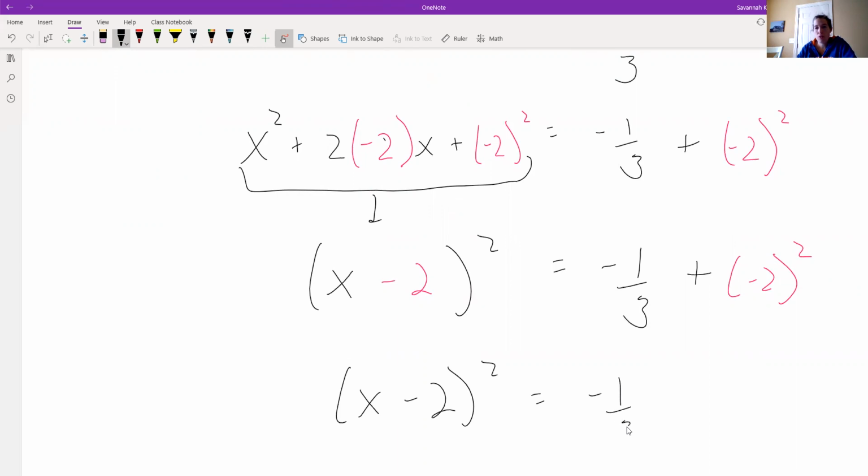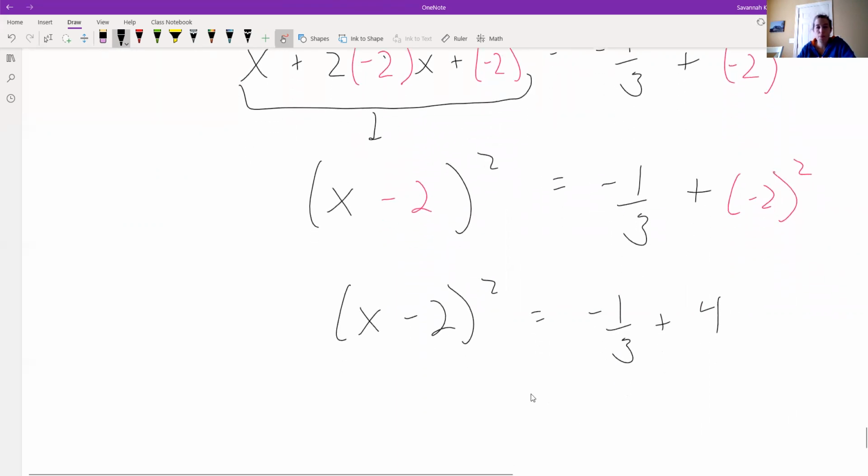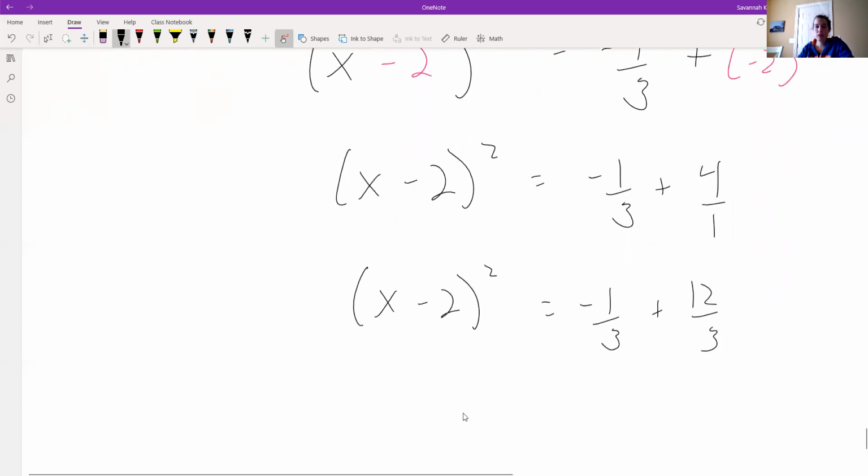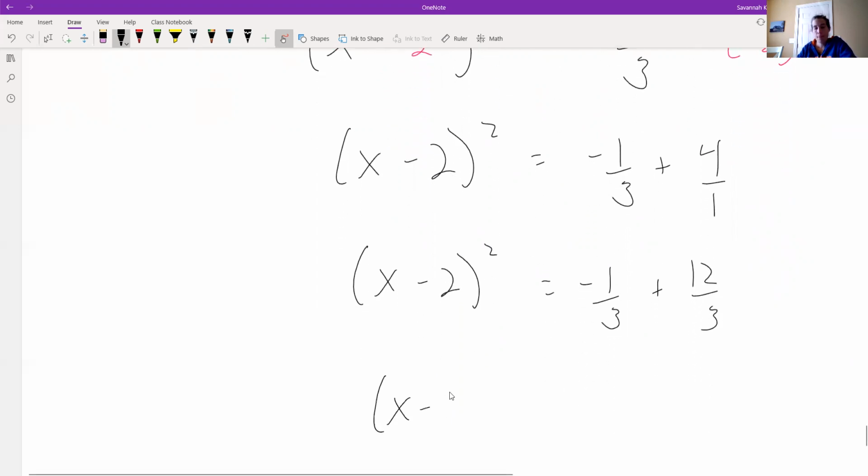So this is -1/3 plus 4, apparently. And I'm going to call that 4/1 because I'm looking to get myself a common denominator. 12/3.